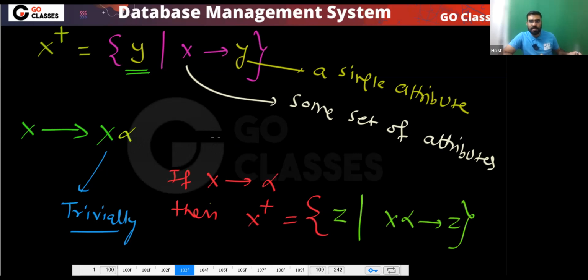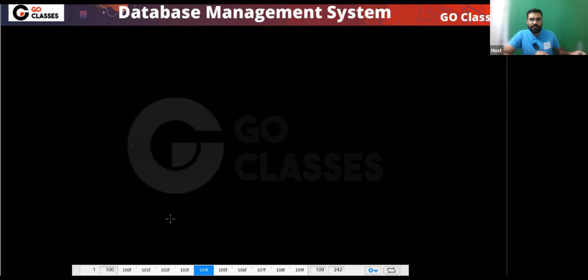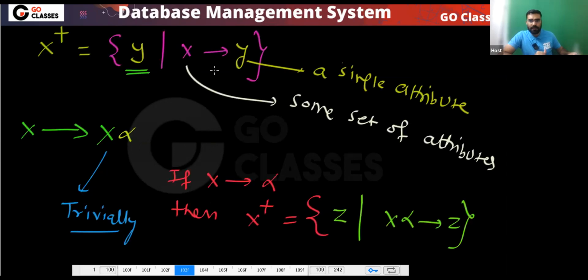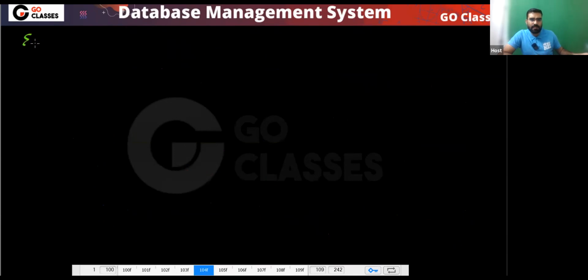Isn't it simple? This type of formal definition they can give you in the exam. Let's take one example. Let's assume you have a relation A, B, C, D, E, and some random set of functional dependencies.